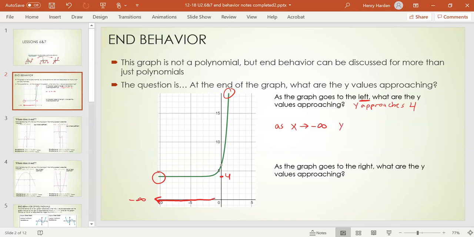So we're going to say y approaches the number 4. Now, the right-hand side of the graph, as the graph goes to the right, so as I go this direction to infinity, what is this side doing? Well, this side is going up. So that means y approaches infinity.